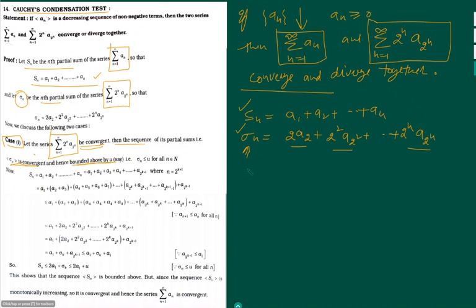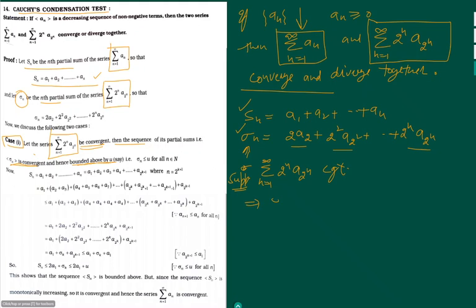Suppose this series, 2 raised to power n, a of 2 to the n, n varies from 1 to infinity, is convergent.